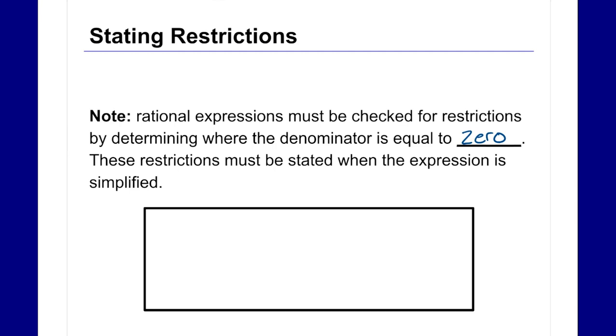And when we're dealing with rational expressions, again, we need to check for restrictions. And the restrictions must be stated when the expression is simplified. So we're going to be going through and simplifying these rational expressions to make them a little bit easier to write, but we need to be aware of what the restrictions are, because in the simplified form, we might not see the same restrictions as we would in its original form.